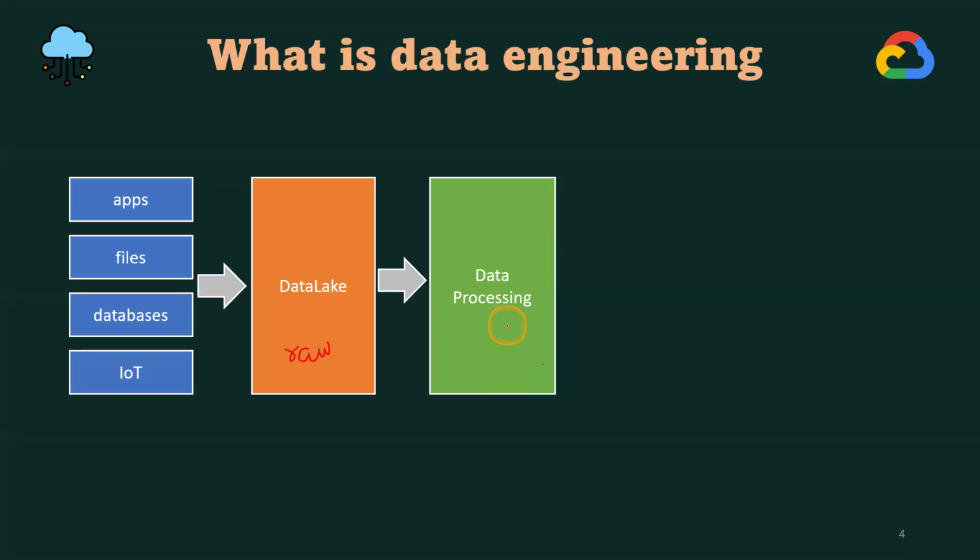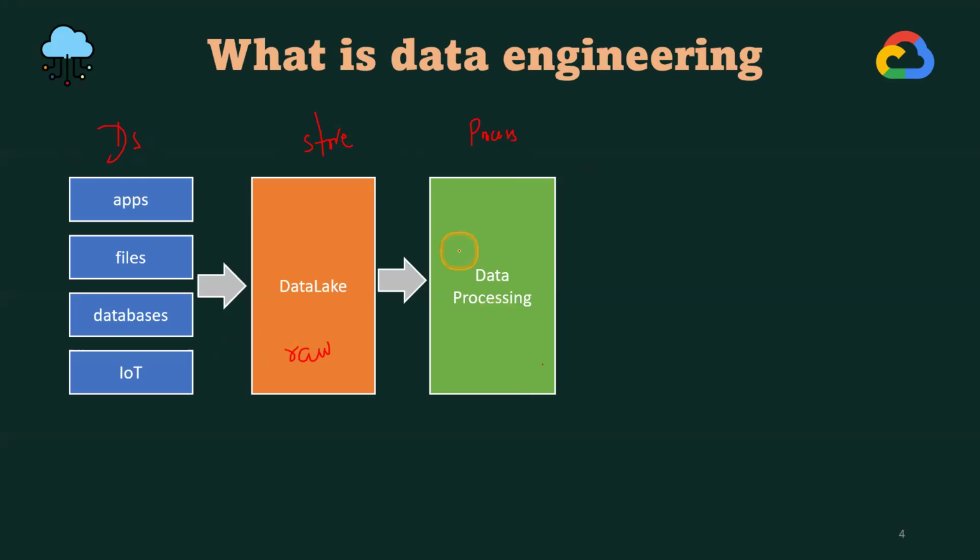In data pre-processing, you are going to process the data, clean the data, and enrich the data. That means you are adding some kind of value to the data. So you store the data here, you process the data here, and you get the data from here.